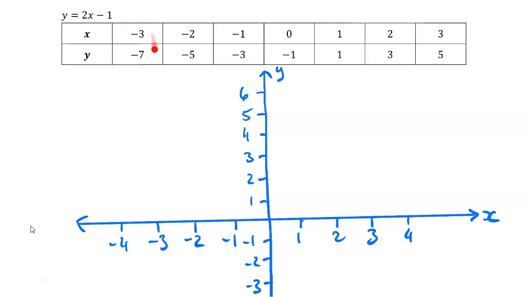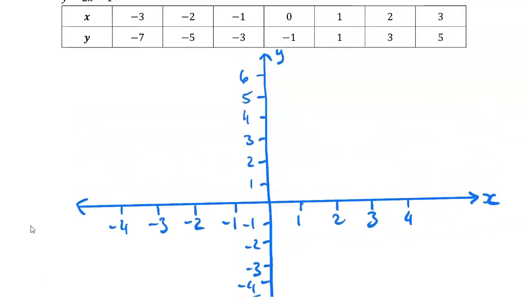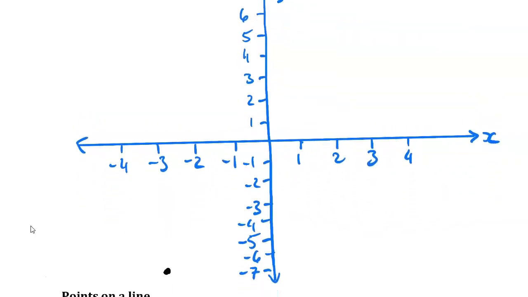my first coordinate point is -3, -7. So that's roughly here. Then I've got -2, -5.